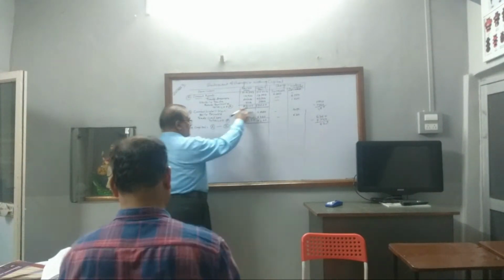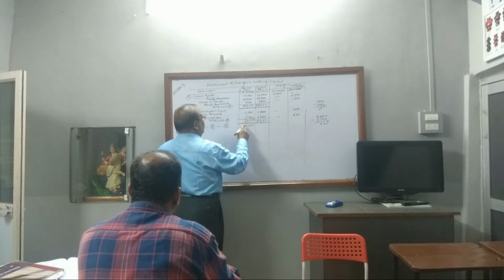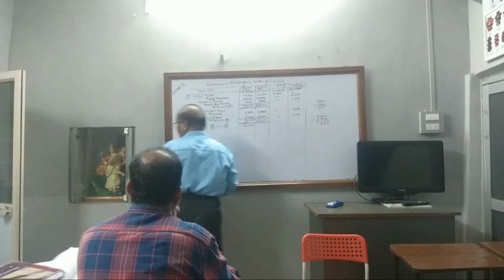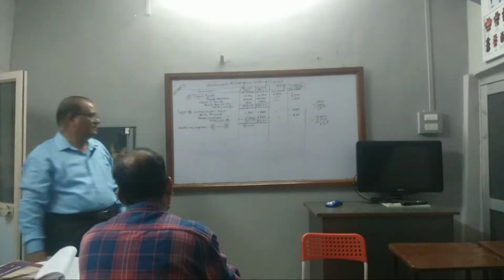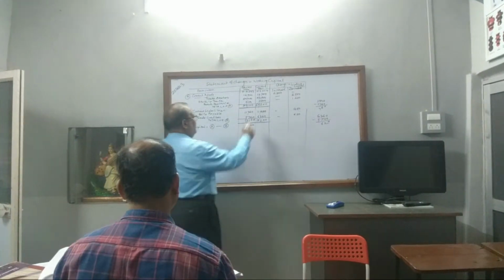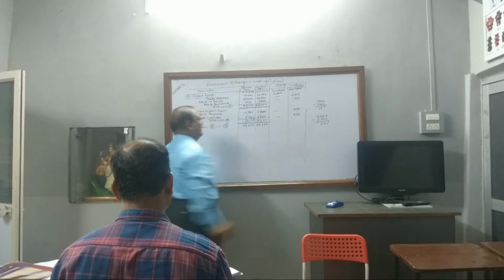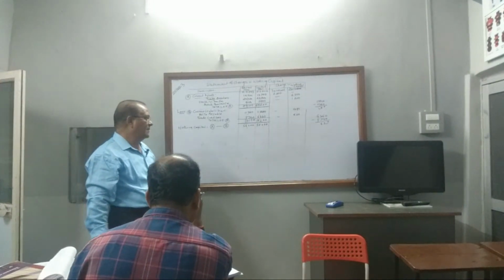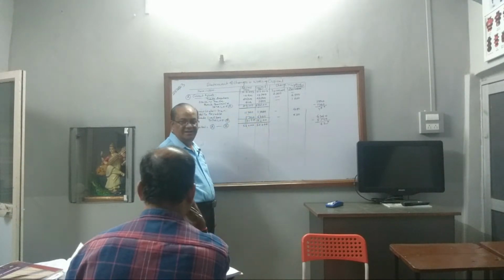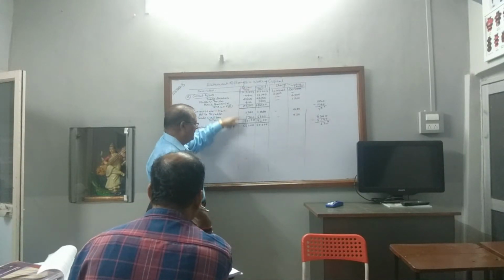A minus B, where A is the total and B is the total: 73,100 minus 17,100.